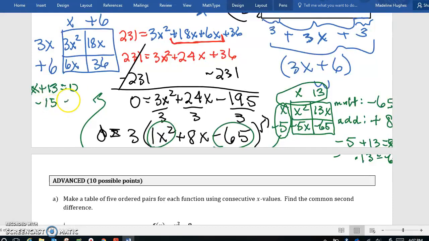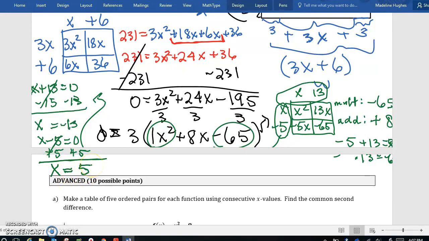I subtract 13 on both sides. The x is equal to negative 13. And I'm going to do the same thing for our x minus 5 factor. So x minus 5 equals 0. Add 5 to both sides. Okay, x is equal to a positive 5.